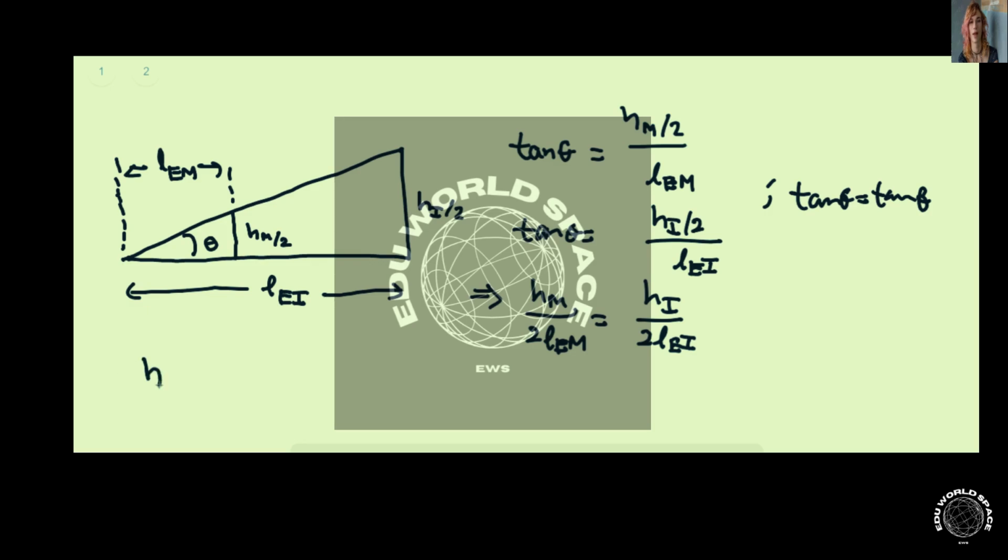So HI, I'm just going to move the 2LEI over on this side. So I have LEI over LEM times HM. And we actually have these particular numbers. They're given to us. So before I move on, let me just write down what LEI is.